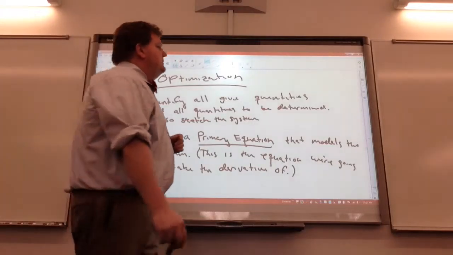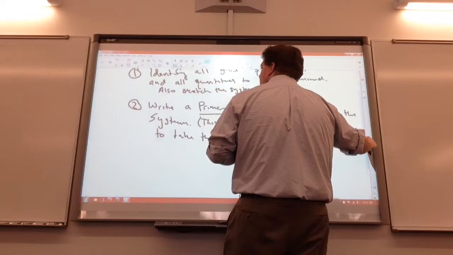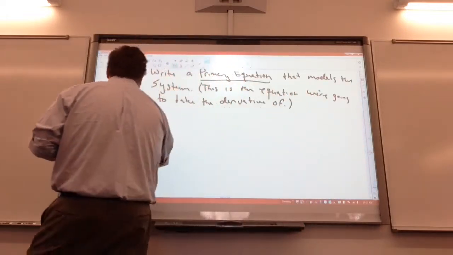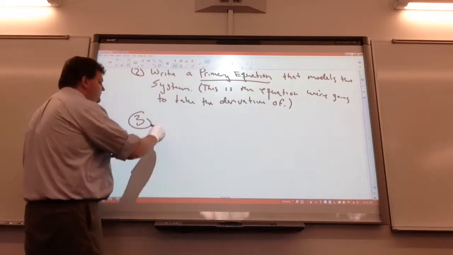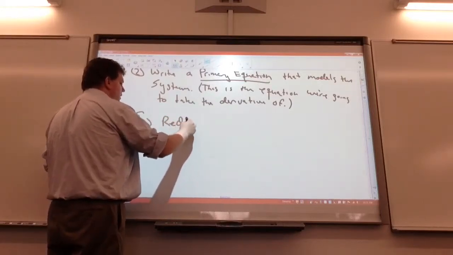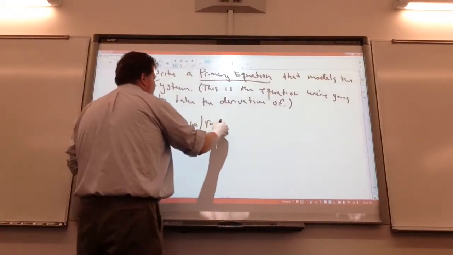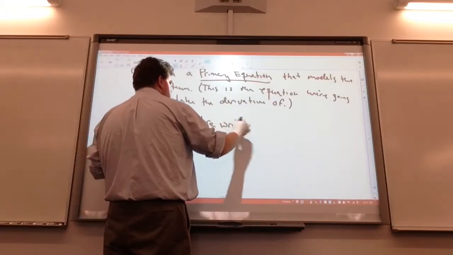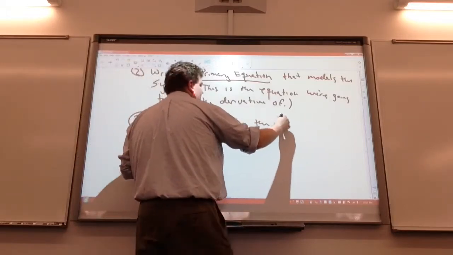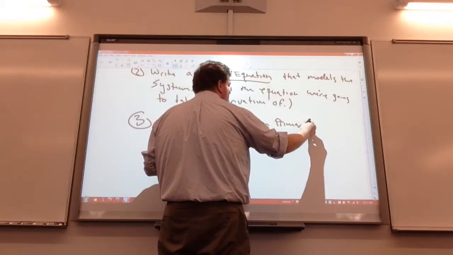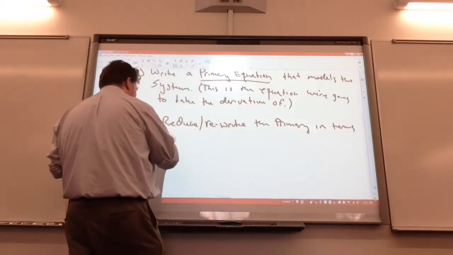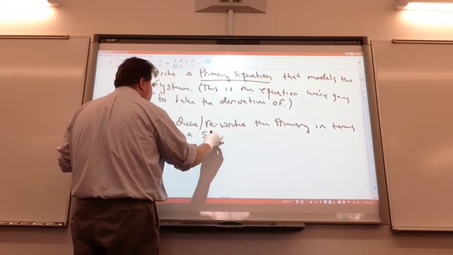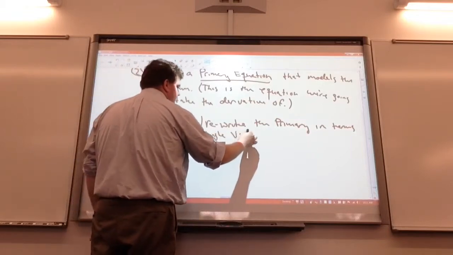The next thing we're going to do, once we've identified the primary equation, is reduce and rewrite the primary in terms of a single variable.